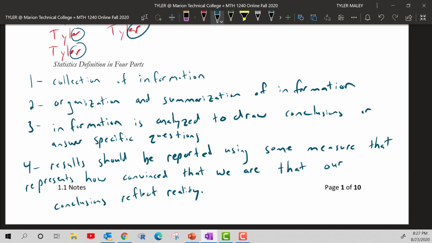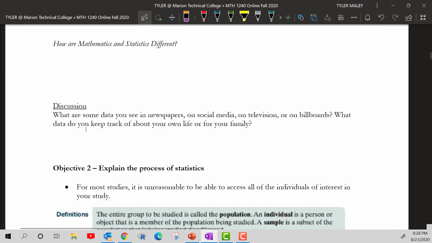Then we can analyze it more, maybe doing inferential statistics, and then we report our results. Those are the big parts, and we're going to look at those basic ideas of a statistical study in these parts I just mentioned.